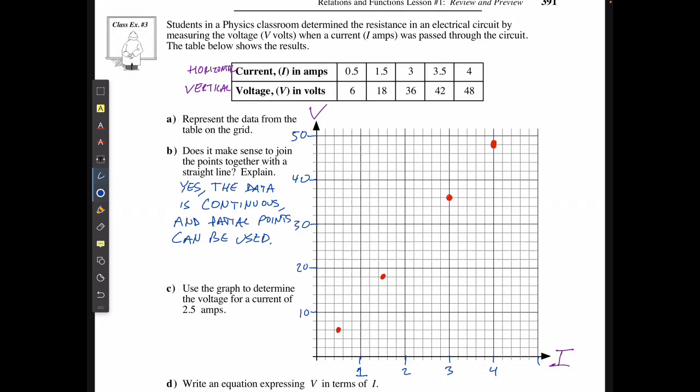If I kept ramping up the amps, then it would give me all of these partial values in between here, and it would keep shooting off forever. So I'm going to include that little arrow at the end to say that the data will keep building up beyond the points of this graph.